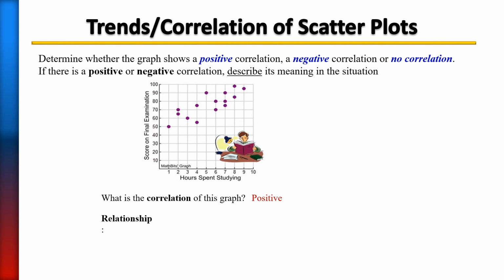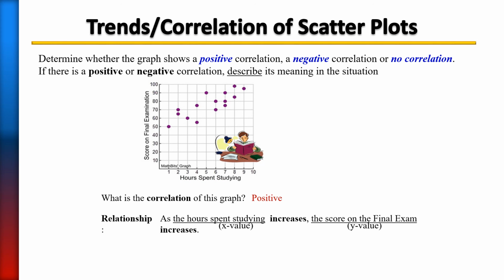So we would say, as the hours spent studying increases, the score on the final exam increases. Again, as the hours spent studying increases, the score on the final exam increases.